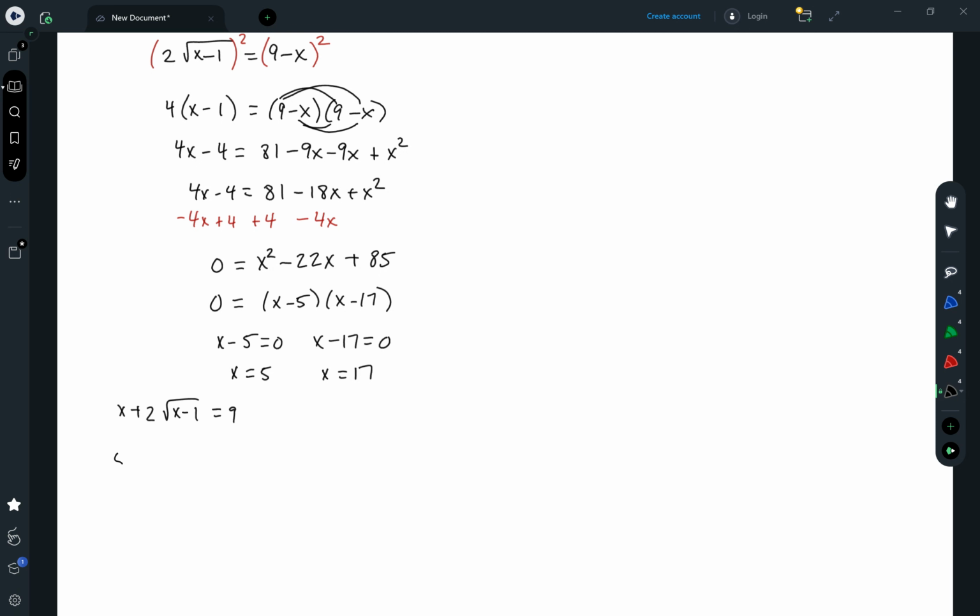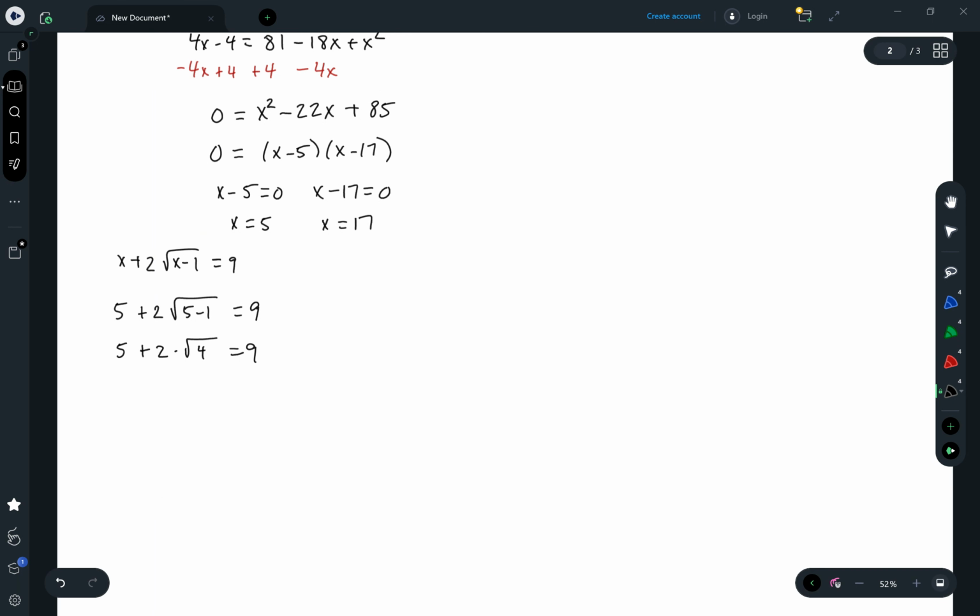When we plug in 5, we have 5 plus 2 times square root of 5 minus 1 equals 9. And then 5 plus 2 times the square root of 4. And we can see here, 2 times the square root of 4 is 2 times 2, which is 4. And this works out. So 5 is definitely a solution to the equation.